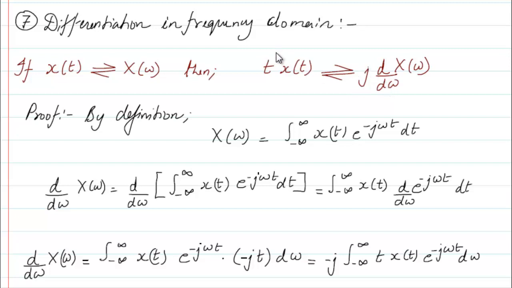If it is t square, then you multiply with one more j and double differentiate X of omega. So let us prove this.